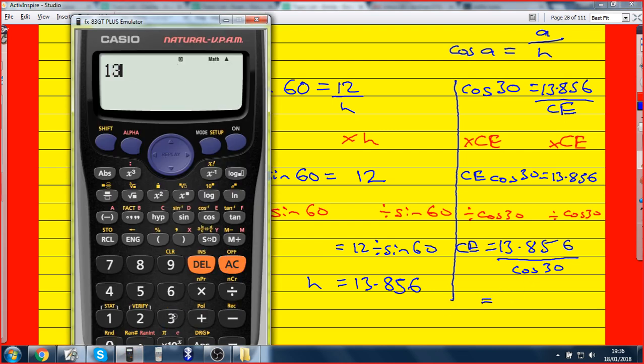Okay, 13.856 divided by cos 30. And what is this to 3 significant figures? 15.99 something. But it has to round up, because then it makes that go to 10.